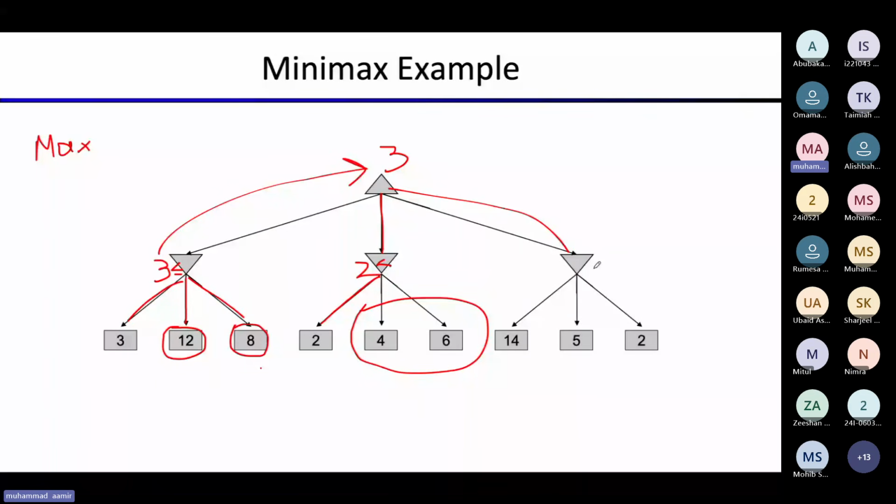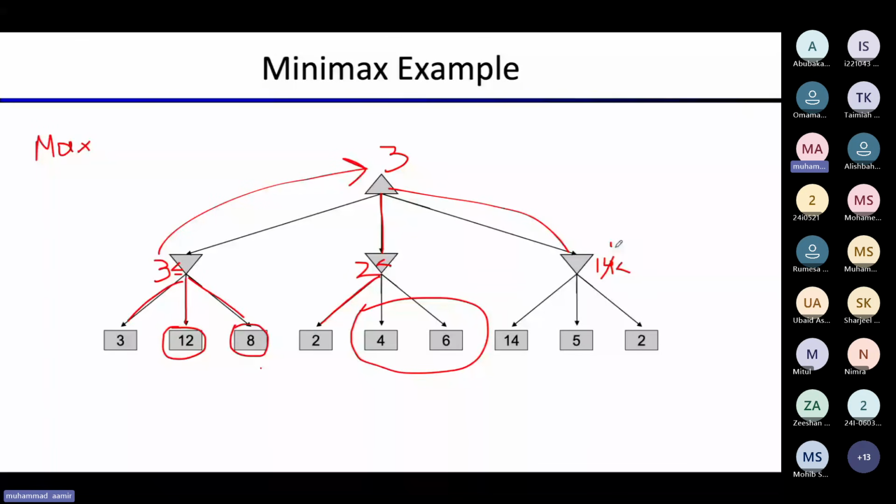So max will say, okay, 14 is greater, I can take 14, but let's first see the other values. Will min allow me 14 or not? Min will check, okay, I can take a value which is less than 14. Next is 5. Yes, I can override the 14. Min will say I can give 5. But stop here. Let's see the other values as well.